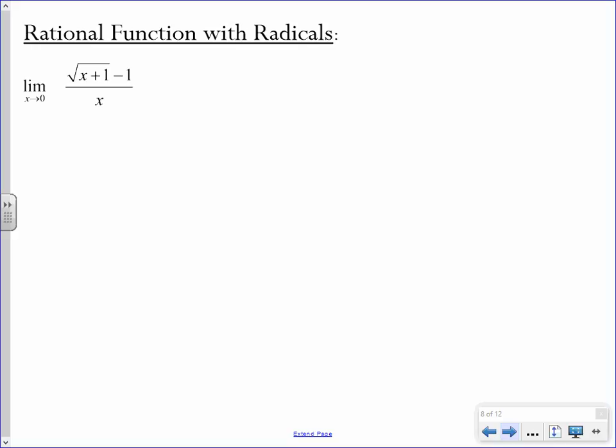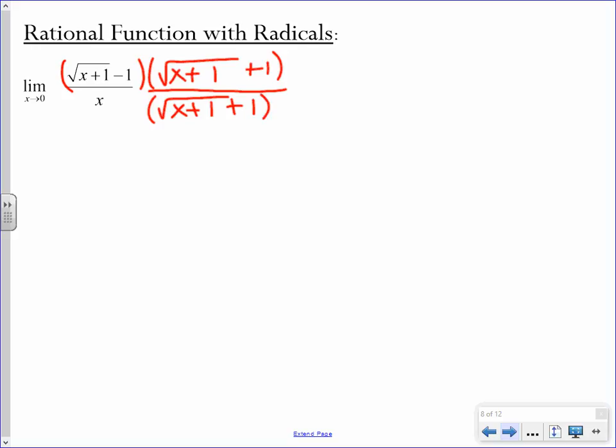Anytime you have a radical inside of a fraction, and that radical is being added or subtracted to something, we can multiply both numerator and denominator by something we call, not the reciprocal, you're on the right track, the conjugate. So we take this, we multiply by its conjugate.